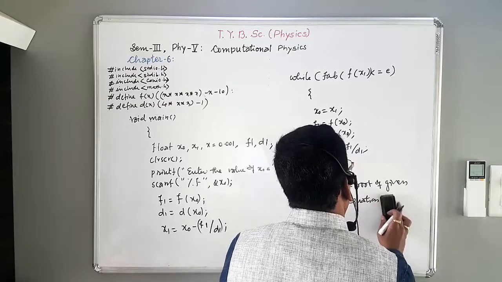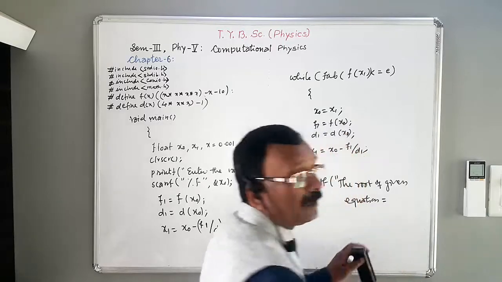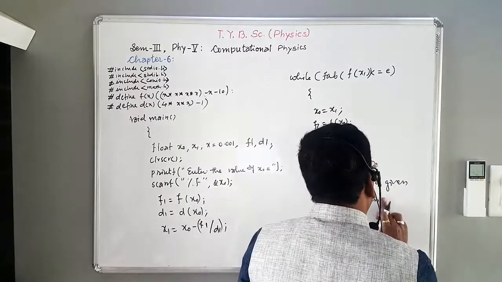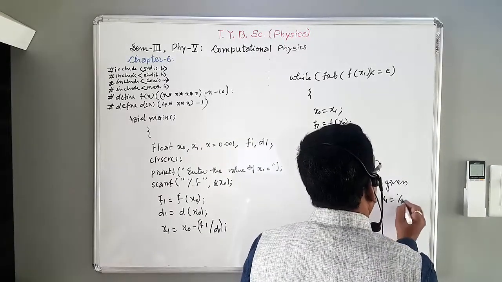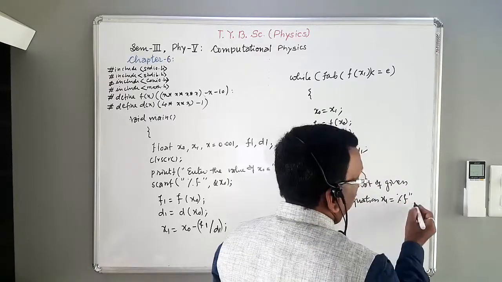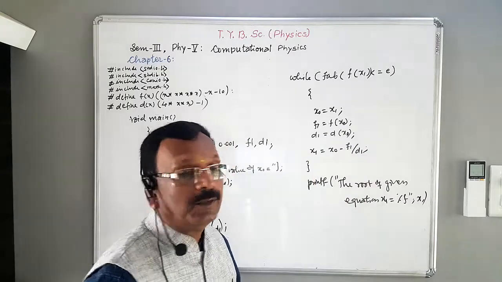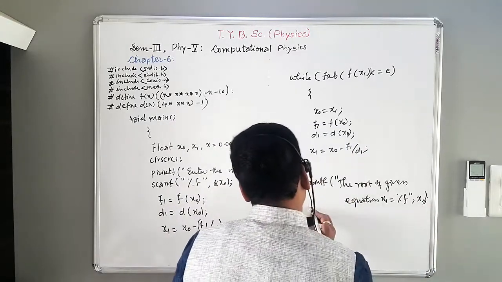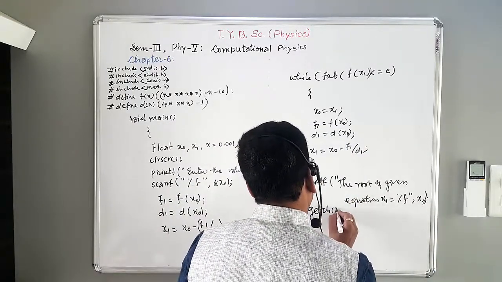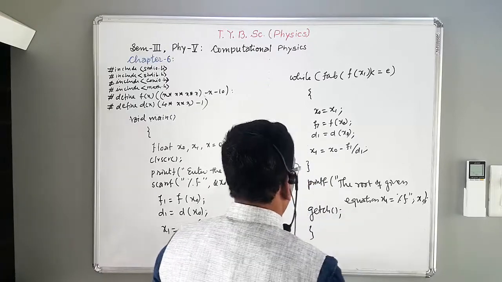Therefore x1 is equal to %f, because the root is also floating type and the root is stored at x1, then getch and complete.